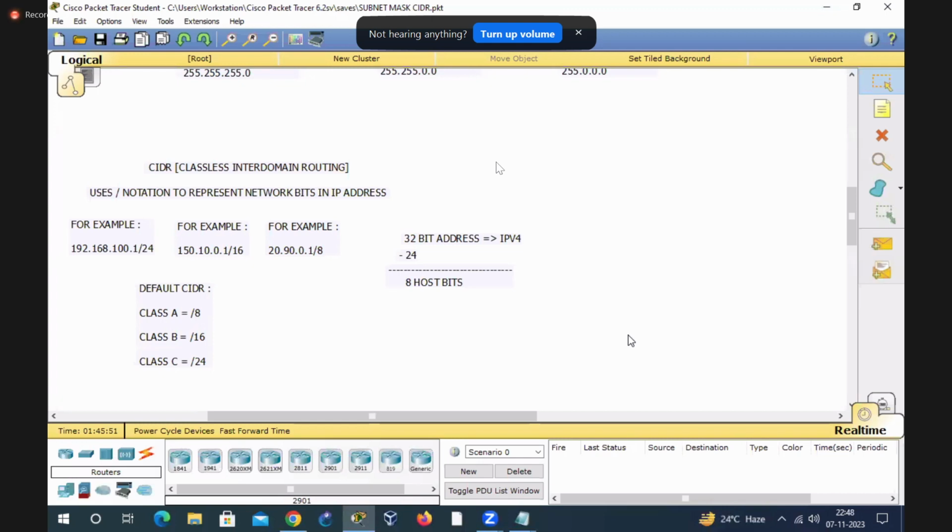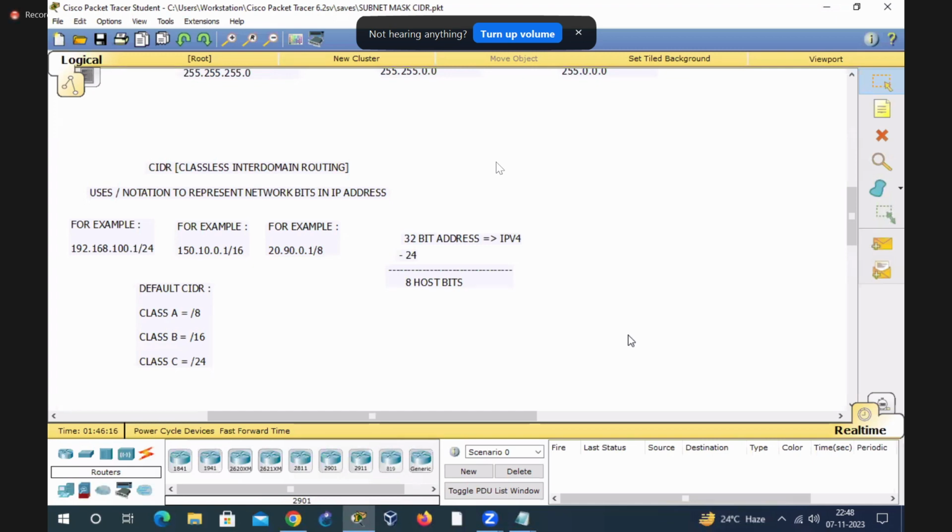Class A is from 1 to 126. Its full range is 1.0.0.0 to 9.255.255.255. Then 11.0.0.0 to 126.255.255.255. Then class B is from 128 to 191.